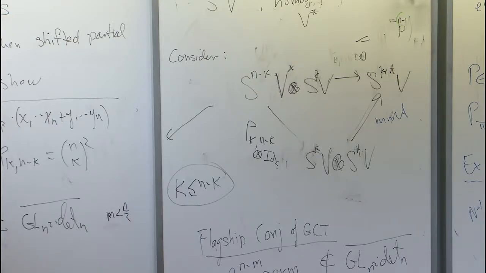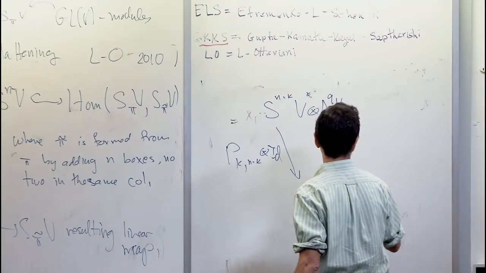But if you want to get the most juice, you go to the other extreme. And we looked at this map, Sym^(n-k) V* tensor Lambda^q V. So first we did the same thing, to Sym^k V tensor Lambda^q V.